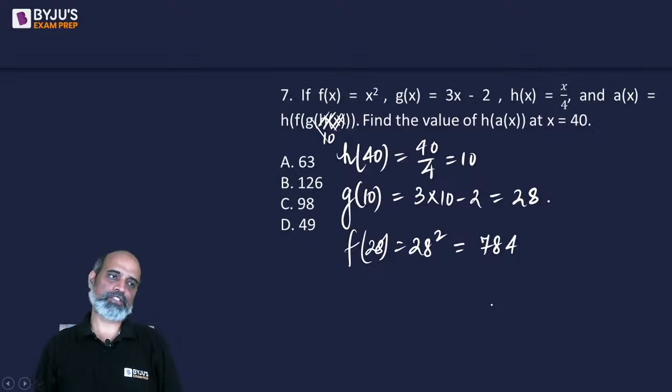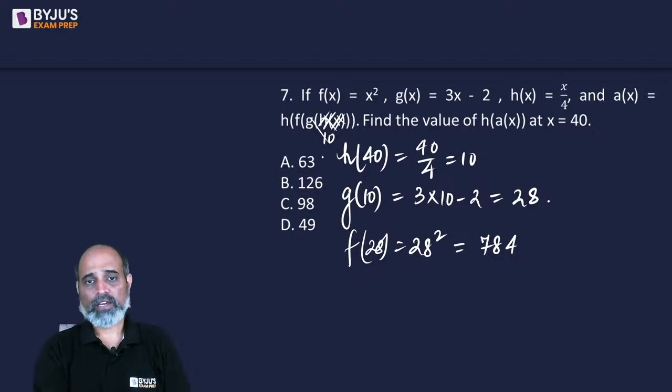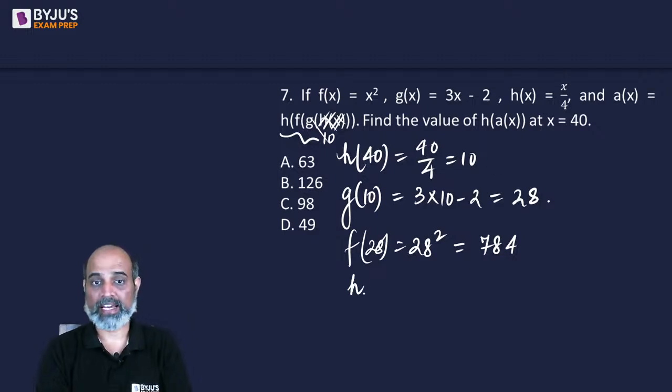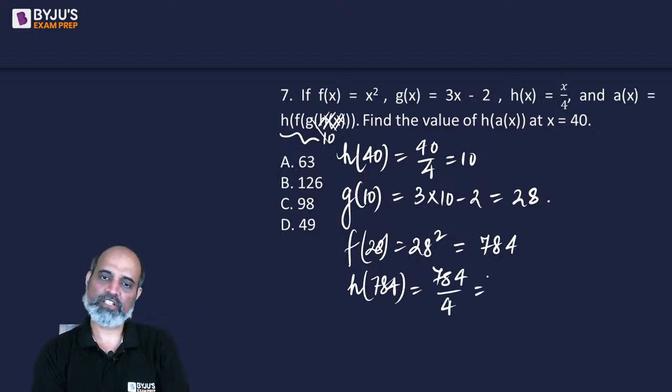So 28 square is going to be 784, I believe. Yeah, 784. And then we are asked to find out what is h of 784. h of 784 will be 784 by 4, which is going to give us 196, right? 196.